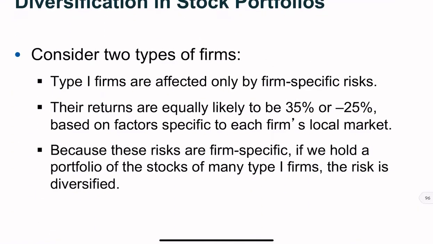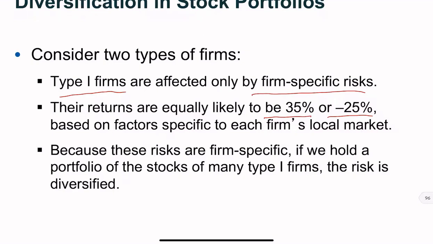Now, the second firm, let's call them type I firms. They're only affected by firm-specific risk. The returns are equally likely to be 35% or minus 25%. Because these firms only contain firm-specific risk, if you hold a portfolio of many type I firm stocks, you will get very good diversification benefit.